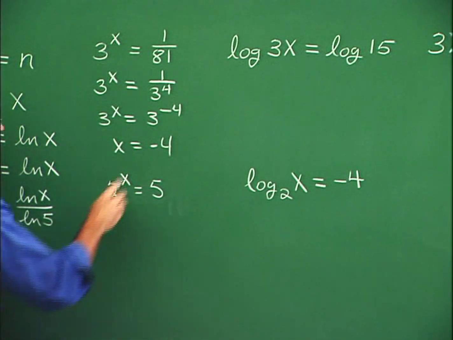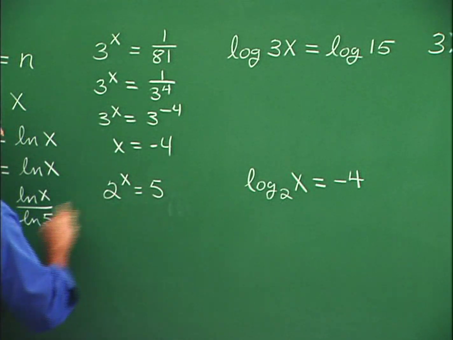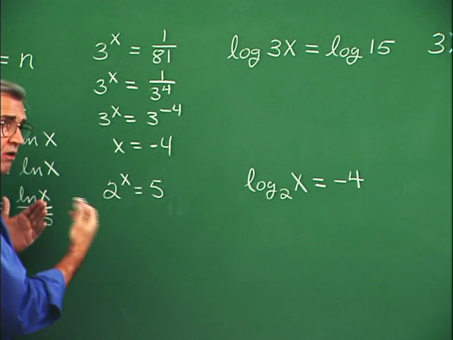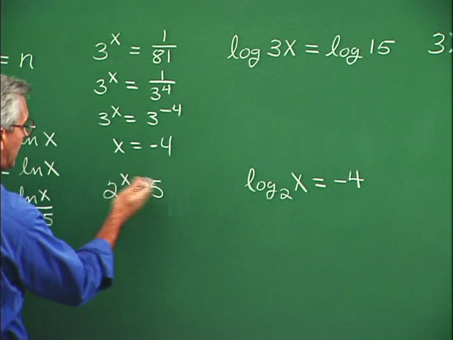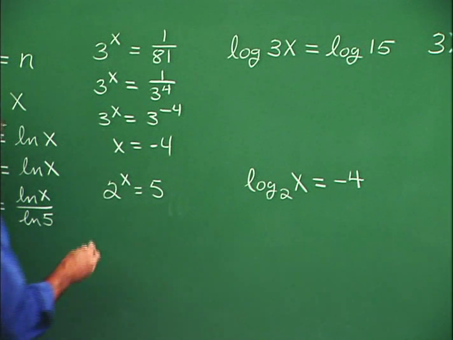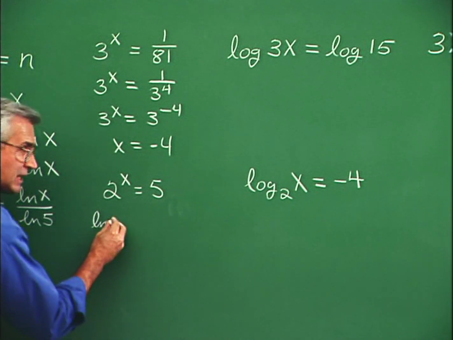All right? But in a situation like this, and we've seen it before, we can't make the bases look alike, so we have to solve this exponential equation by using logarithms. We've seen the routine before. We just apply logarithm on both sides and away we go. I'll run through it right quick for you using natural logs.